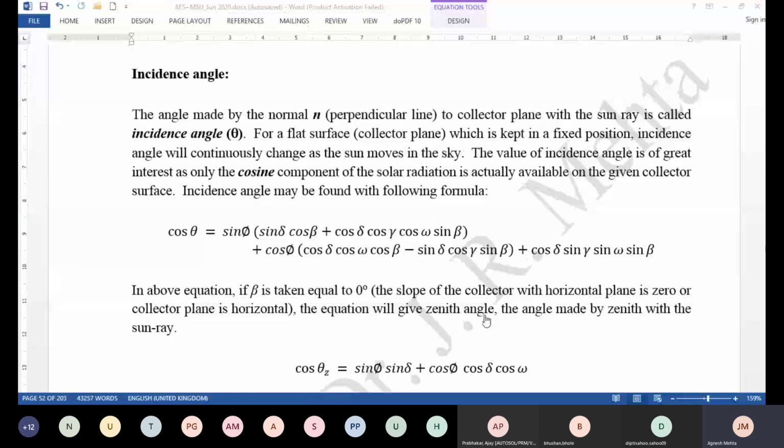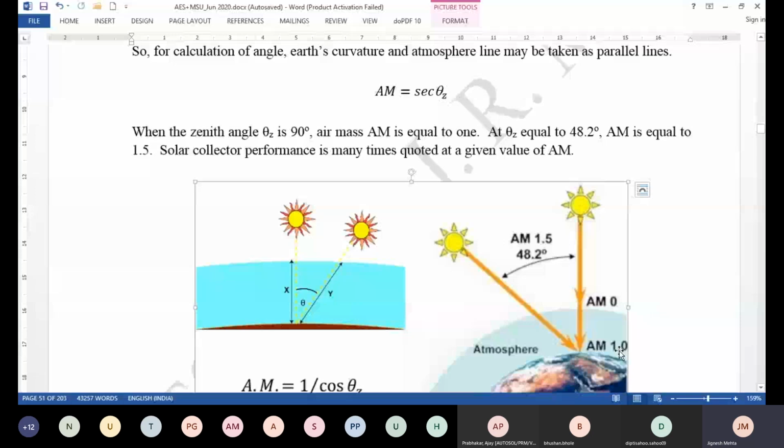Somebody asked about when AM is 0. In a way, it's an imaginary concept. When you are on the surface of the Earth, the minimum AM would be 1. But if you are outside Earth's surface, then the atmosphere is 0, with no travel path inside the atmosphere, so that has been assigned a value AM 0.